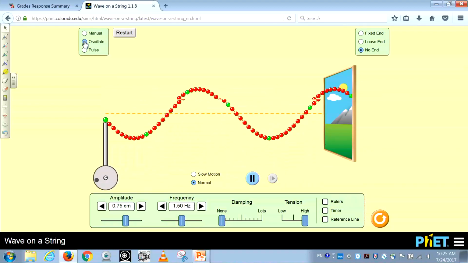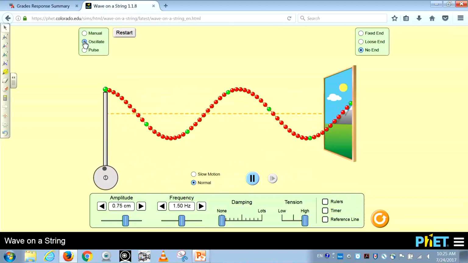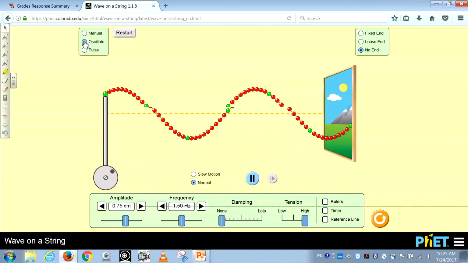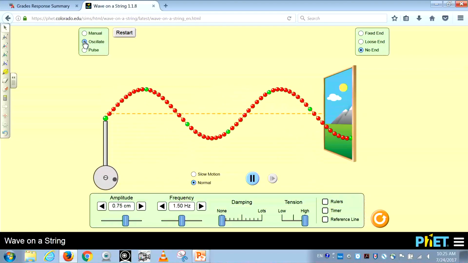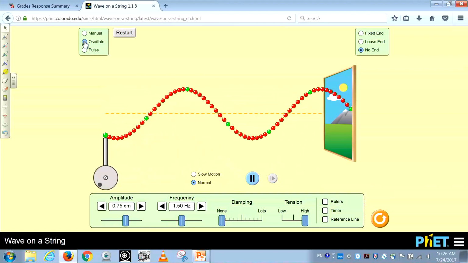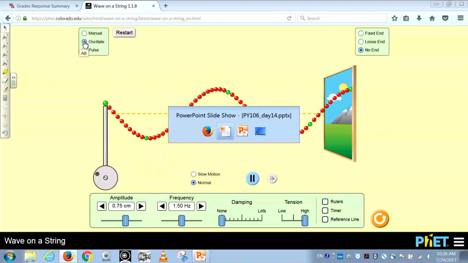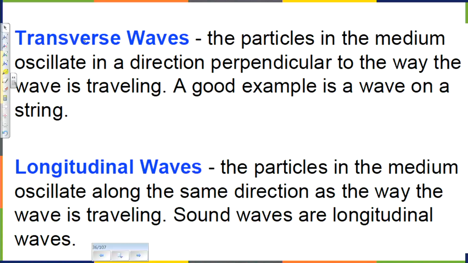And we can see in this example the propagation happening to the right, but each individual particle moves up and down. These two directions, right and up and down, are perpendicular to each other. When that happens, the wave has a name, the transverse wave.